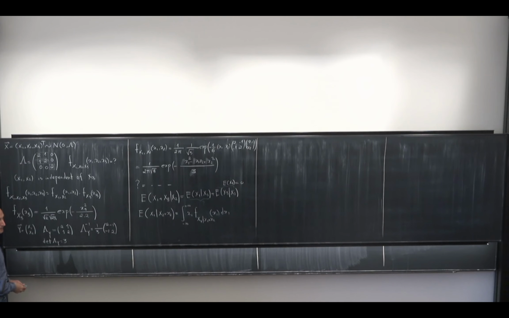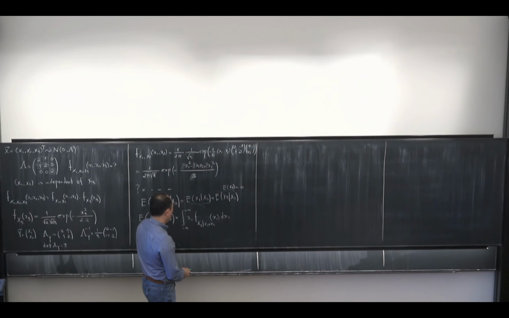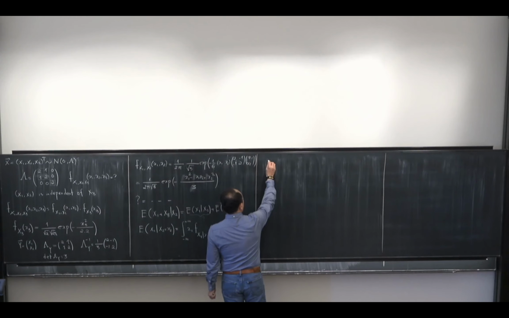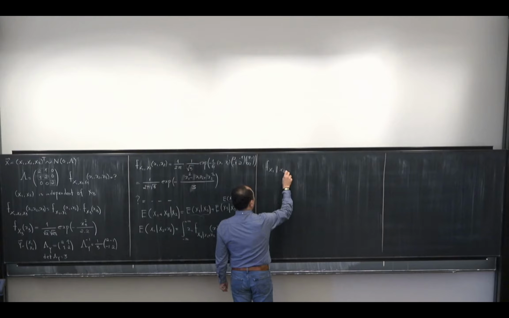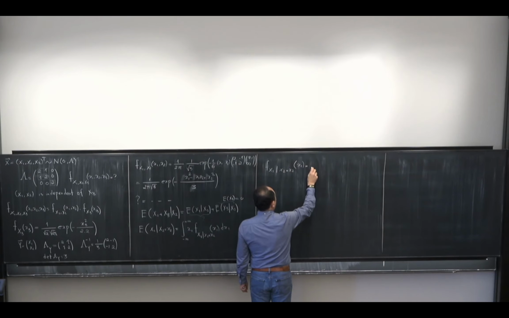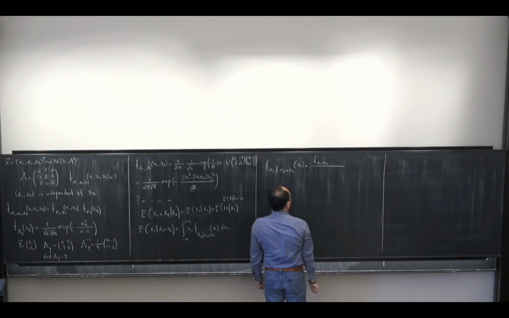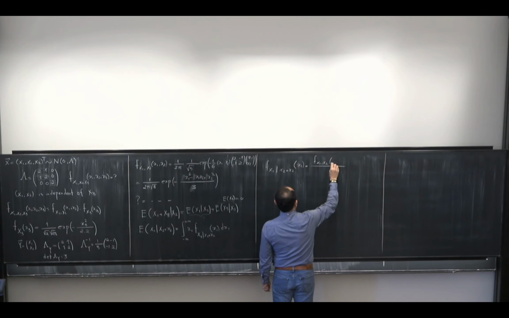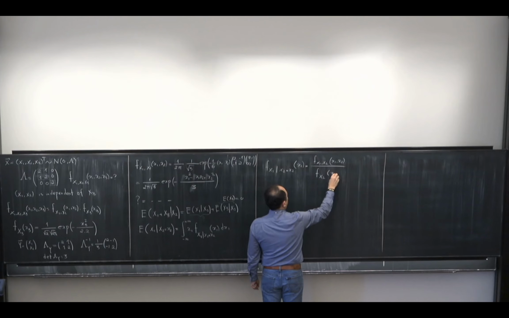Yes? But then I have to calculate this one. So in order to calculate this, I have to write its definition. f of x1 given x2 equals f of x2, x1. This becomes the joint probability distribution, calculated at x1 and x2, divided by f sub x2 of x2.